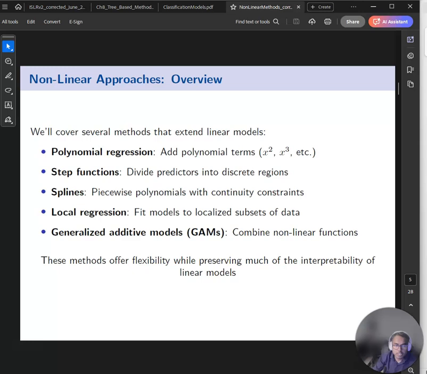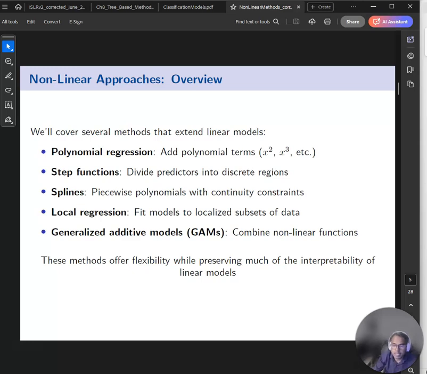So in this video, we are going to go over some of the first-cut nonlinear approaches. First, we have polynomial regressions, which is perhaps the simplest approach. Here we add polynomial terms like squared terms, cubic terms, and so on to our linear models.